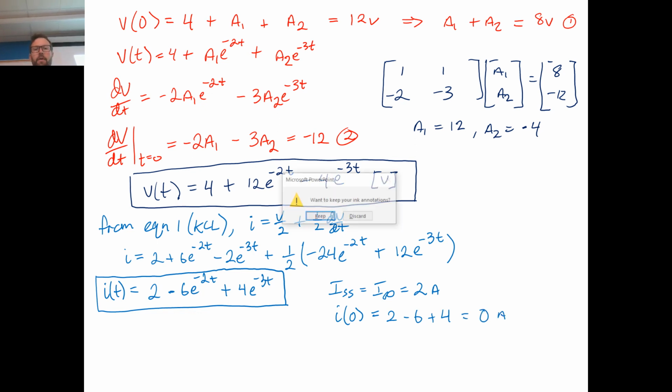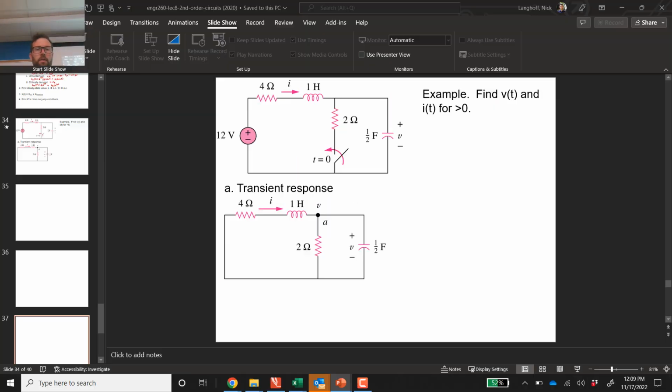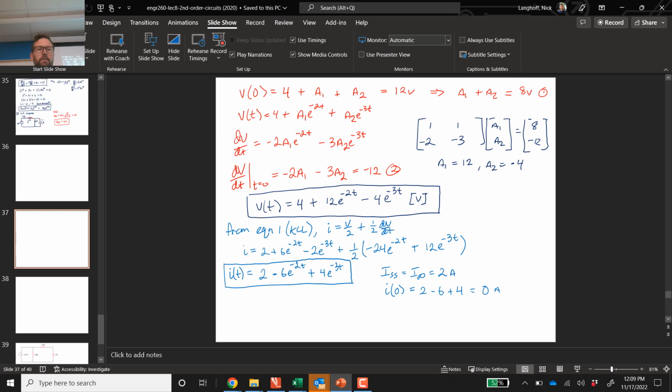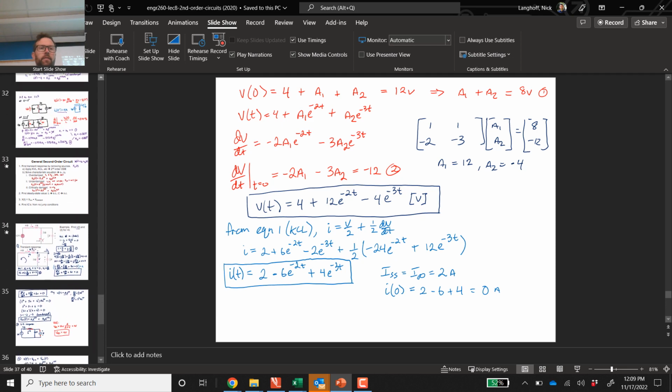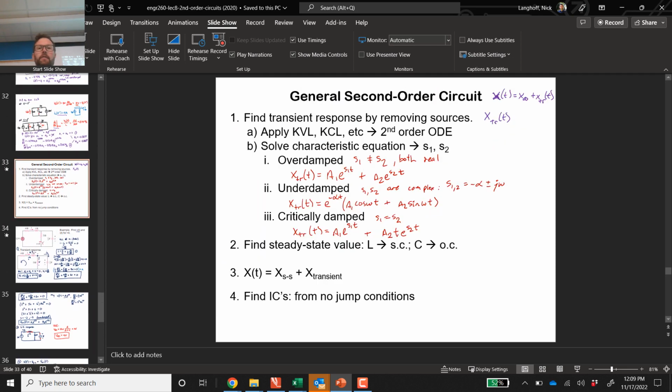Well, that wraps up our lesson on general second order systems. And again, the steps are that the system is going to have a response that's the steady state value plus the transient response.